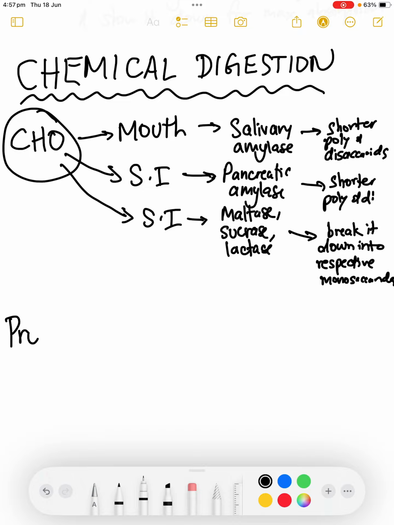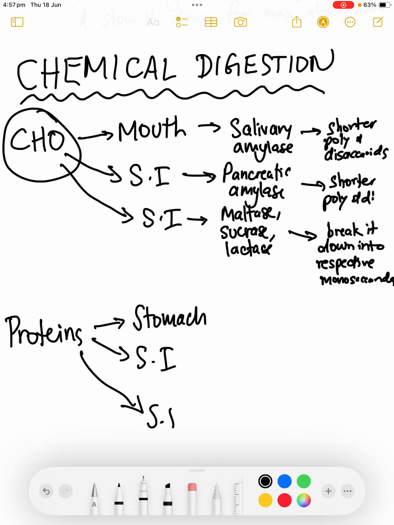The next one we'll look at is proteins. Sites: well, we've got the stomach, and we also have the small intestines. And what enzyme or juice is being used here in the stomach?